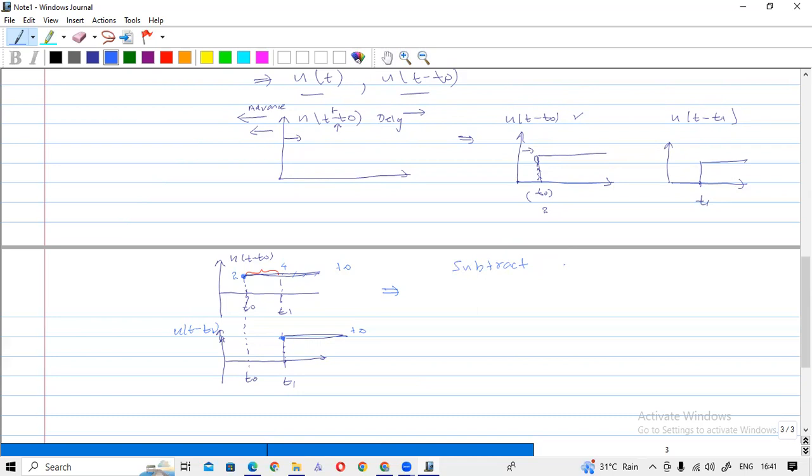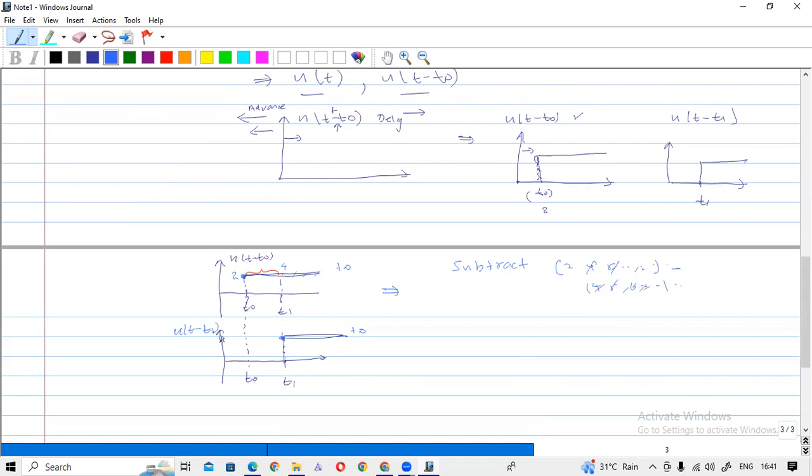Here you have 2, 3, 4, 5 like this, and here you have 4, 5, 6, 7 like this. Now you want to get rid of these values. If you subtract these values from these values, what happens? You can get rid of 5, 6, 7, including 4.